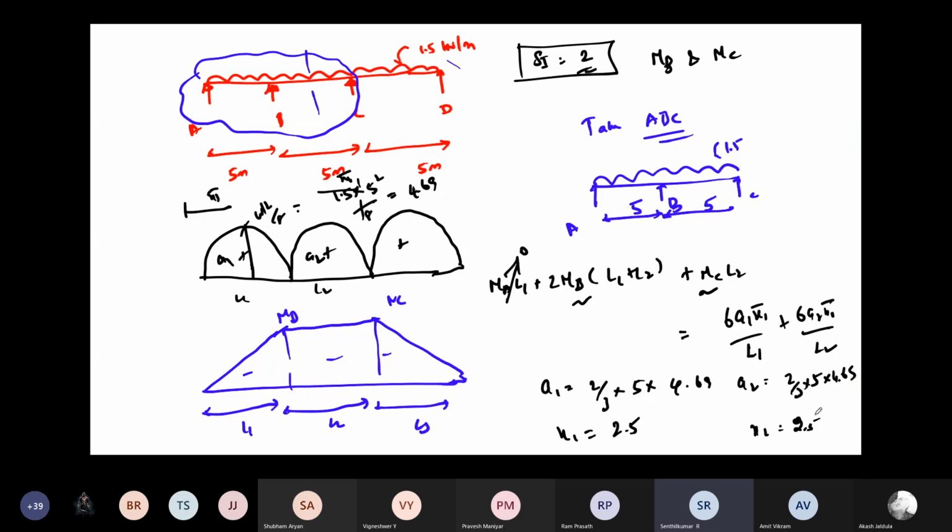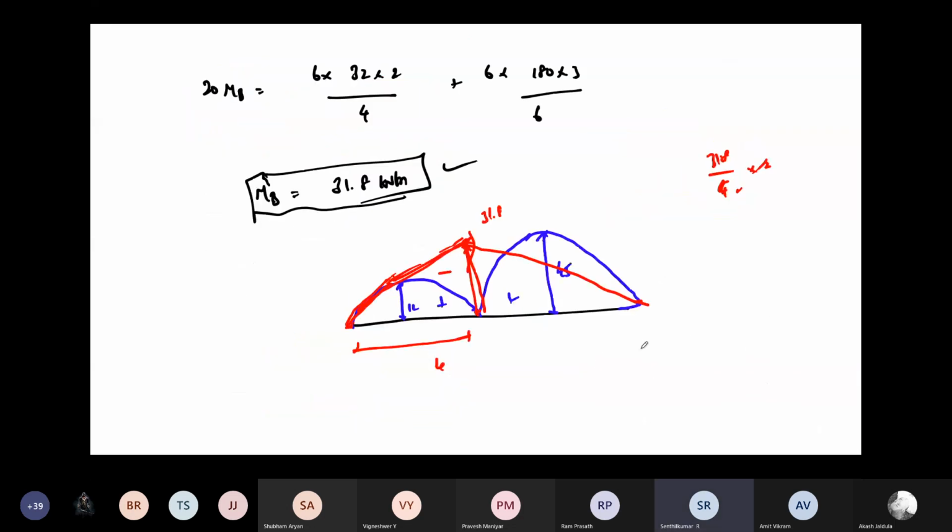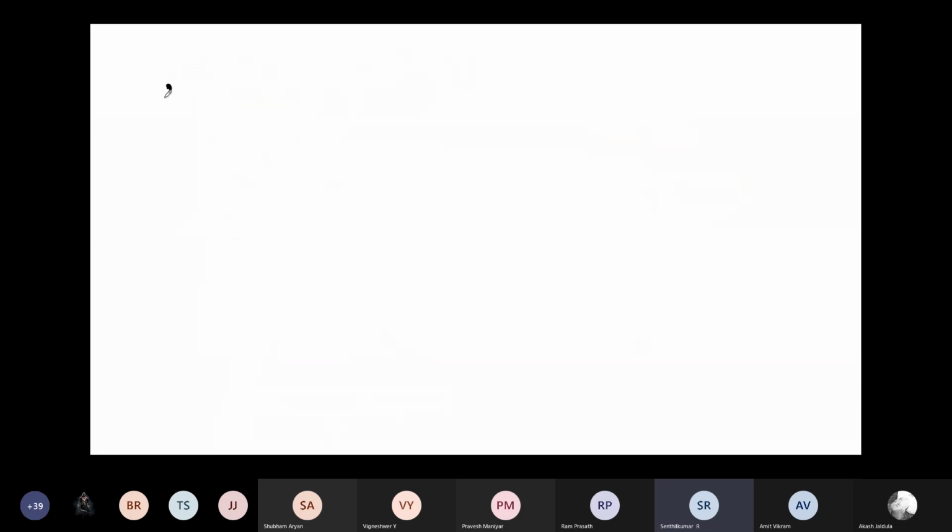Now everything you know. So what is your A1? A1 and A2 both are the same: 2/3 multiplied by 5 times 4.69. It's coming around 15.63. So my equation becomes 2M_B times (L1 + L2), which is 5 + 5 = 10, plus M_C times L2, which is 5.